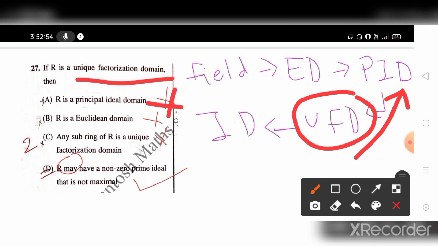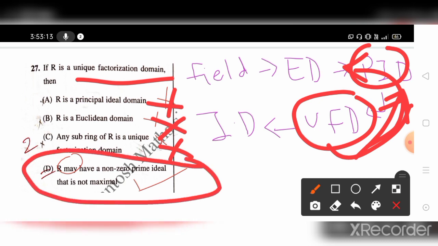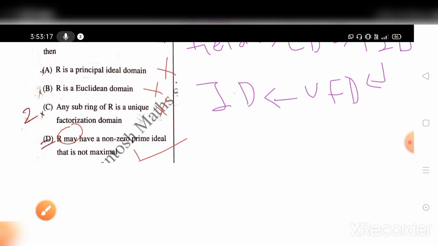R is a Euclidean domain, converse not true, so B is wrong. Any subring of R is a UFD, this is also not correct. Three options are wrong, so the remaining one is the correct option: R may have a non-zero prime ideal that is not maximal.